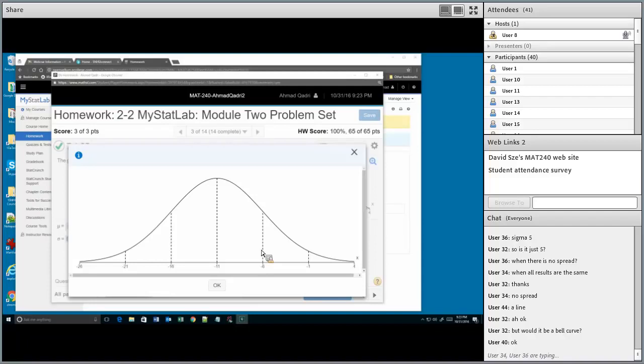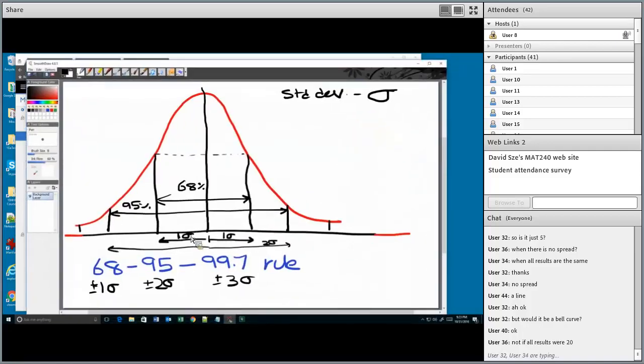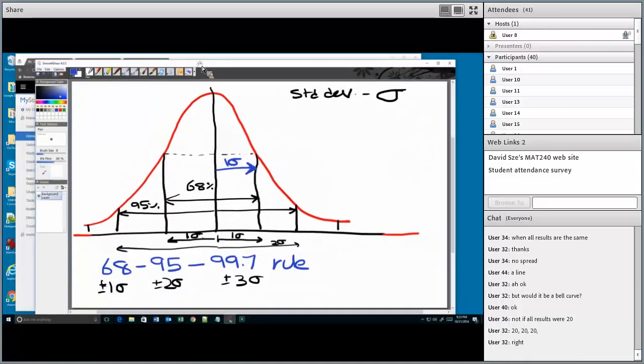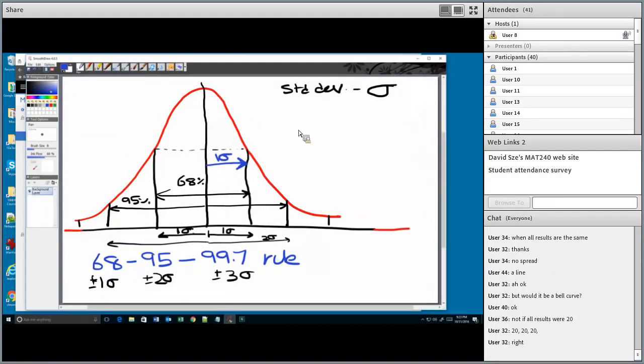Alfred, I'm not sure if I understand that question. Remember, I mentioned that you have to memorize this. So here's the one standard deviation line. This is one standard deviation away. In the center, you had -11, and the question is, how far is it to get -6? This is what you need to find.